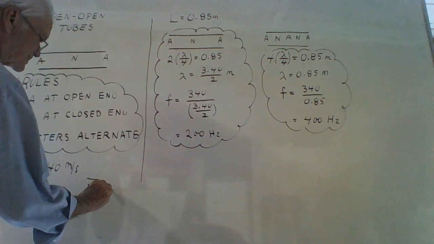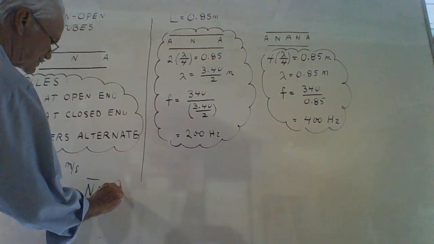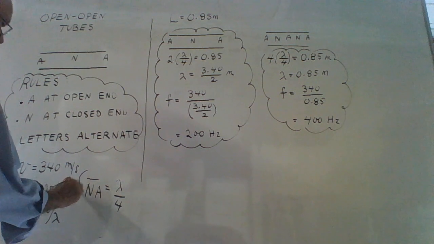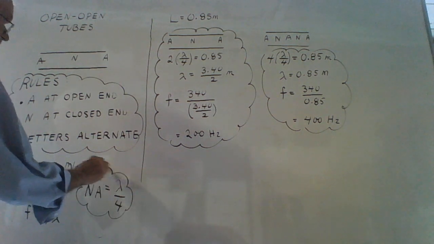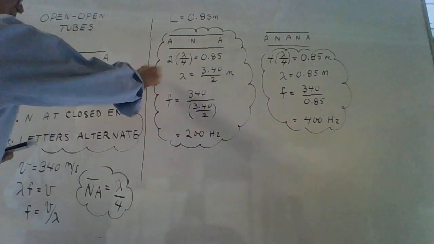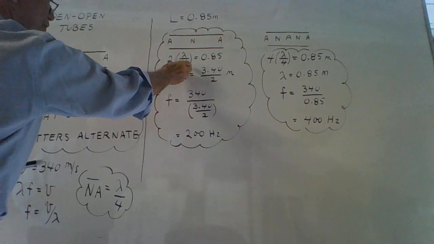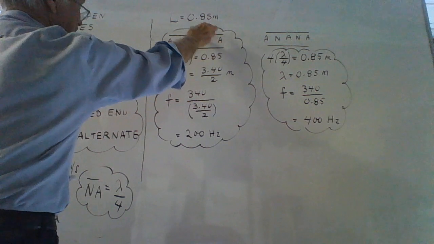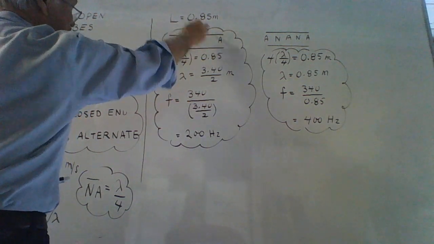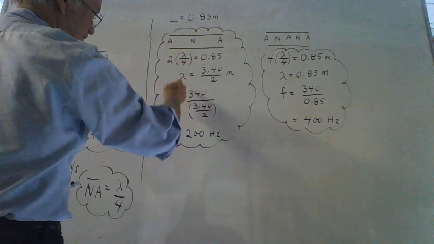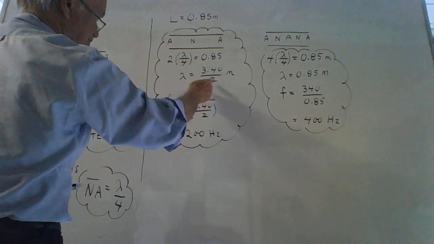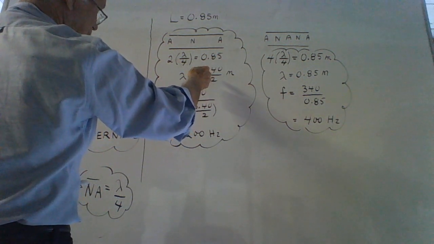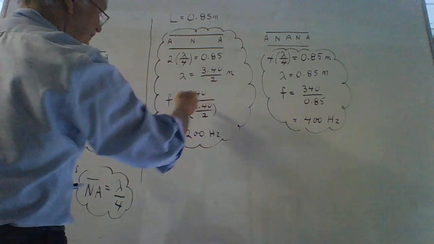We saw this last time. We'll use this all-important fact again. 2 of these distances are 2 quarter wavelength distances. This distance plus that distance must equal the length of the tube, 0.85. Solve this equation for lambda, and you see the result. I'll leave it in this form rather than report it as a decimal fraction.